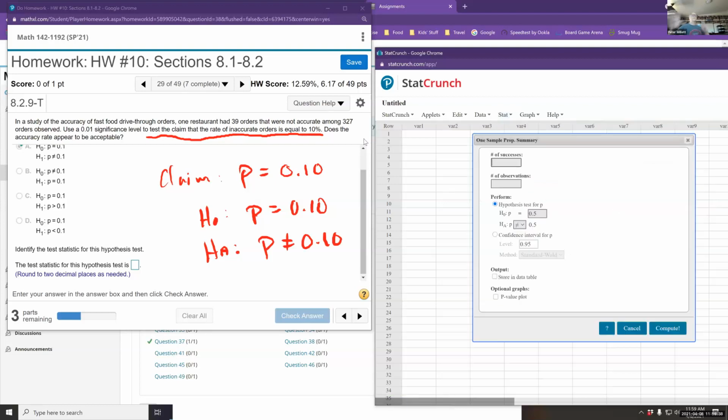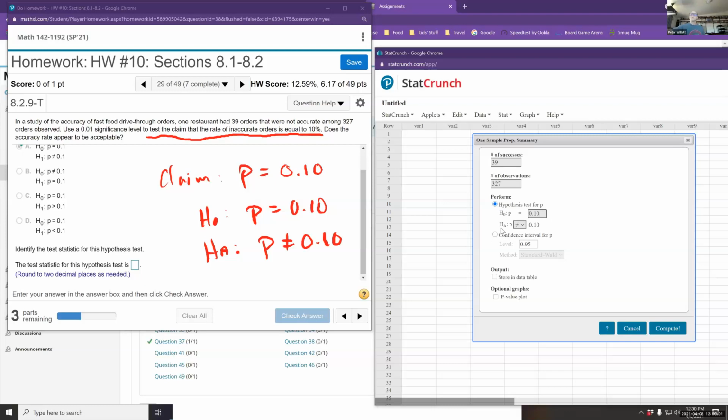So the number of successes, in this case being inaccurate orders, was 39 amongst a number of 327 observations. And now we've already set up our null and alternative hypothesis, so we can provide those to StatCrunch. We have the default of 50%, but I'm going to change that to 10% for the null hypothesis.